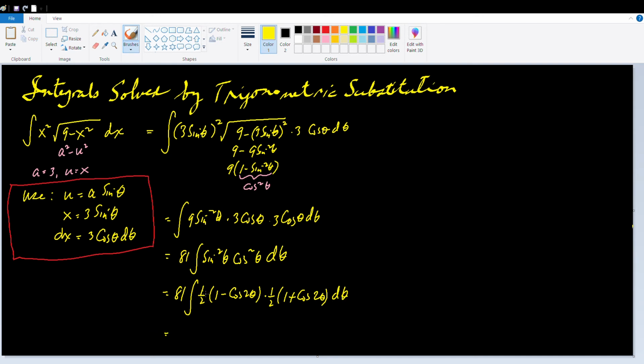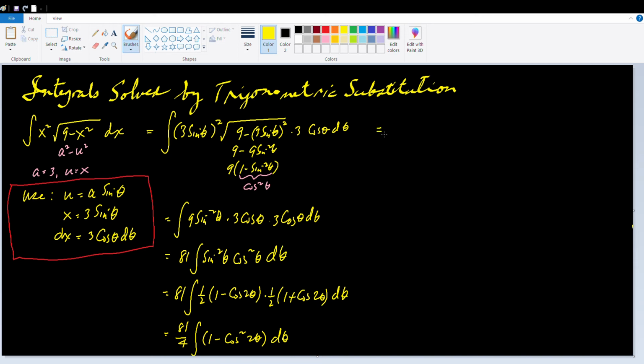So 1/2 times 1/2 is 1/4 times 81 is 81 over 4. 1 minus cosine 2 theta and 1 plus cosine 2 theta is a special product, equal to 1 minus cosine squared 2 theta d theta.